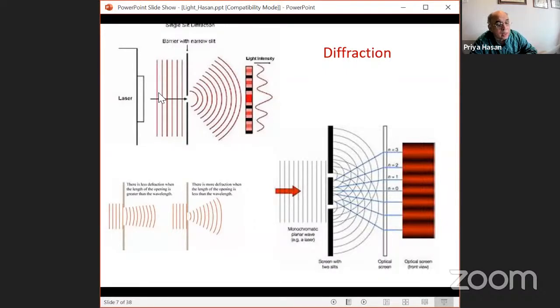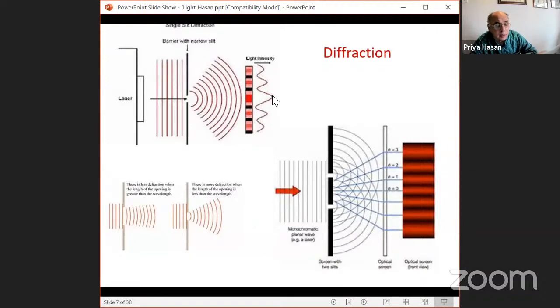We have a laser which is creating this wave front, which are parallel rays coming, and you have a barrier here, a screen with a small hole in it, and as it goes through it, you have this being created, and on a screen you can catch it, and you get bands of bright and dark intensities, which give you the diffraction pattern.